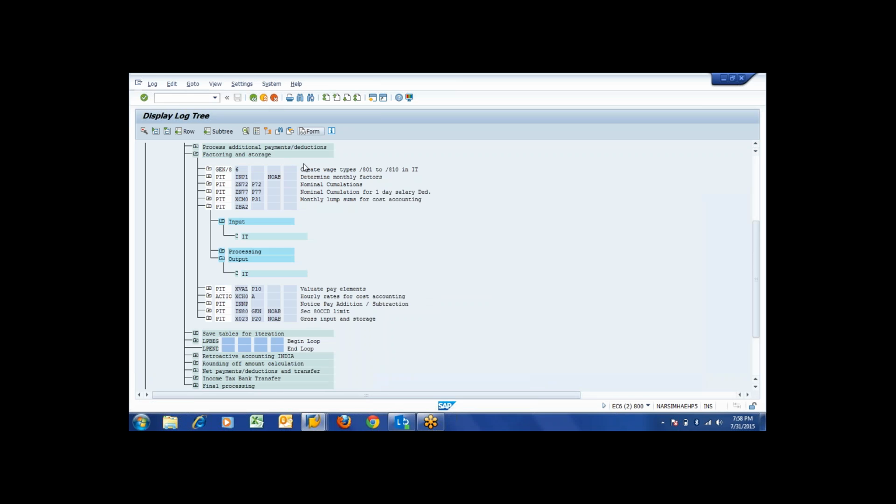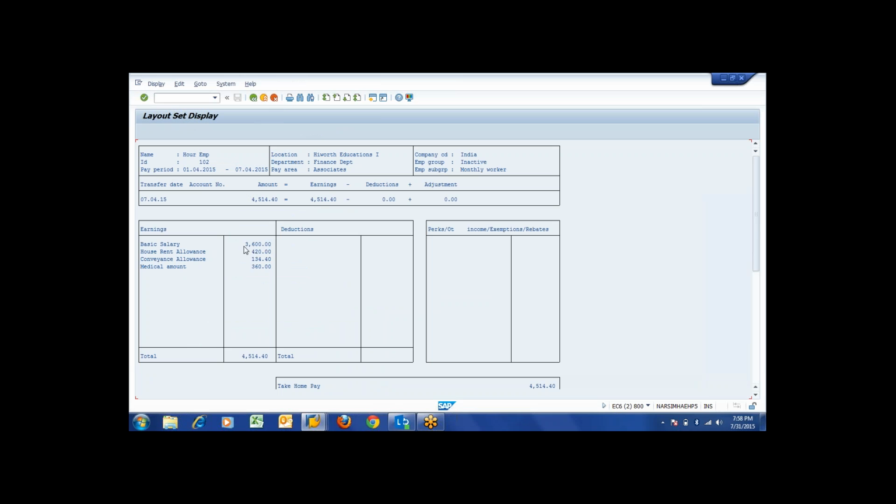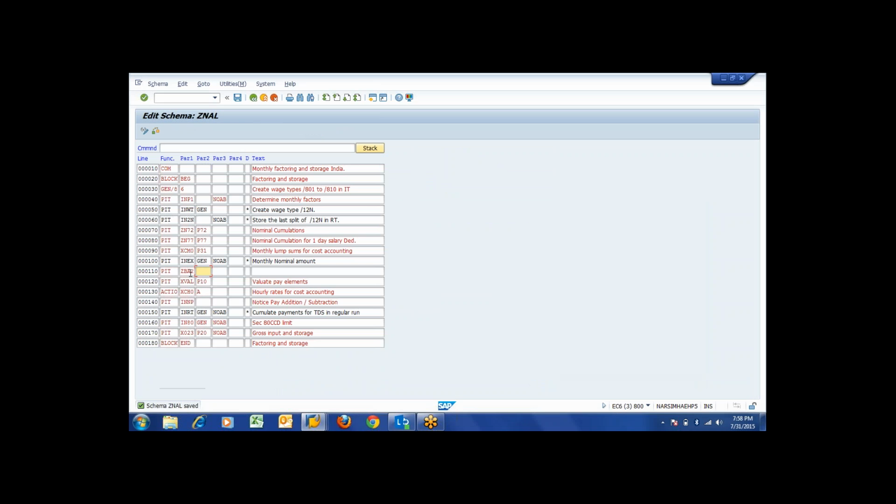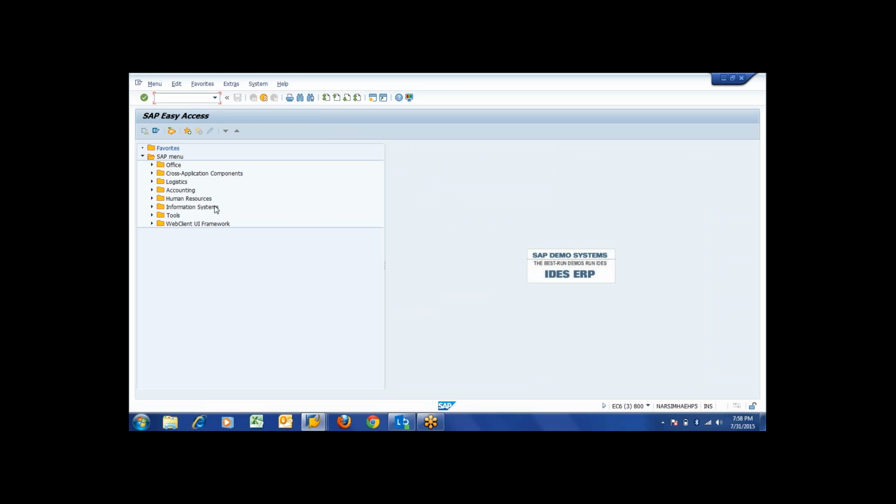If you see in the form also I mapped everything, so these things will be displayed in the form. So this is how we will generally evaluate for industrial workers. Whatever PCR we have written is a bit blunt, like if the company has decided to give a different allowance to the employee.